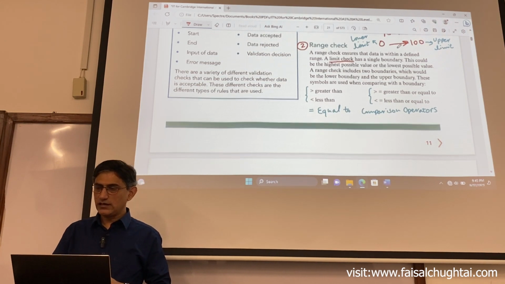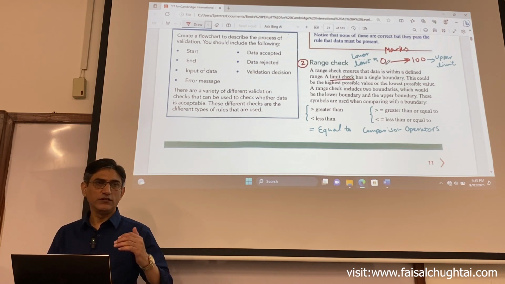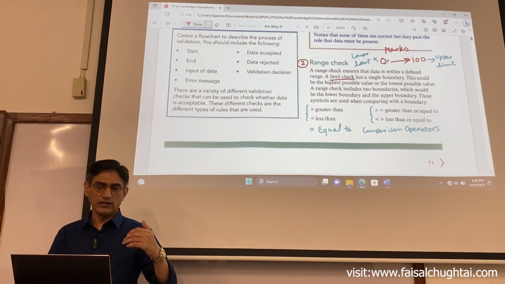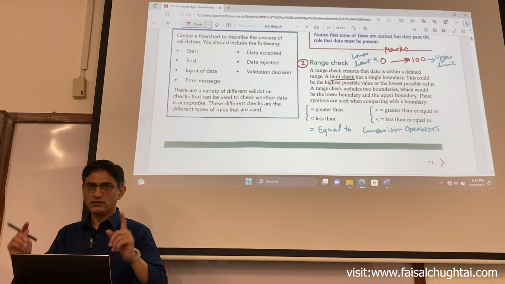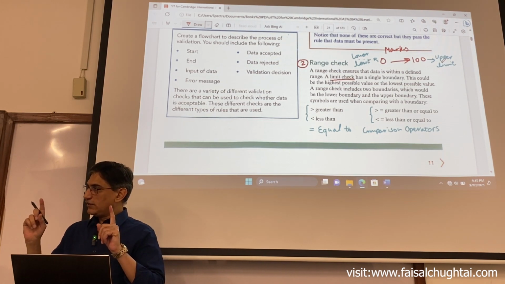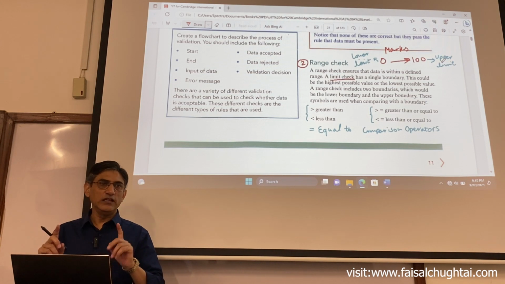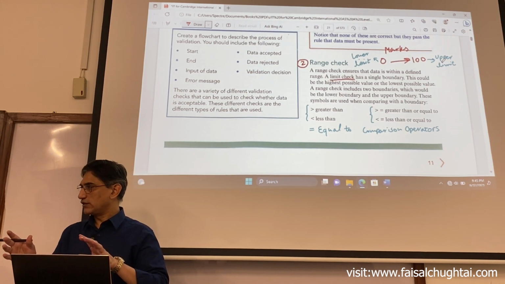Can we say here that there are two boundaries? One boundary is the lower limit, which is 0, and the other boundary is the upper limit, which is 100. So there are two boundaries here. With limit check, there is only one limit to be checked.